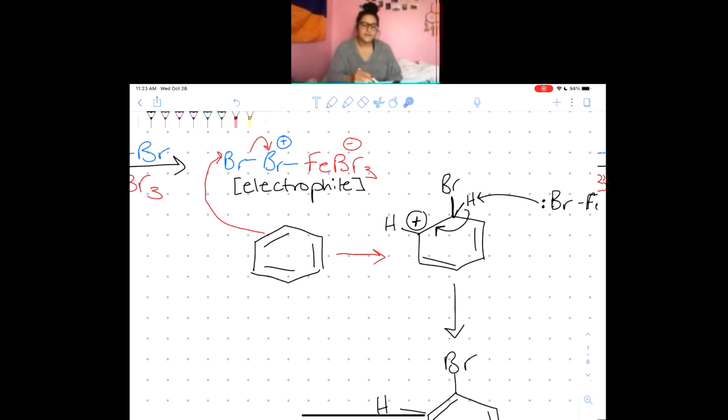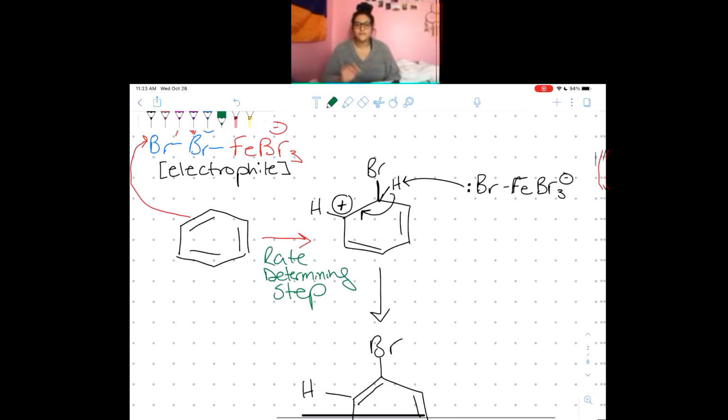So this step where we went from the electrophile and the benzene ring to this molecule is the rate determining step. And the rate determining step just means that it is the slowest step and it requires the most energy.